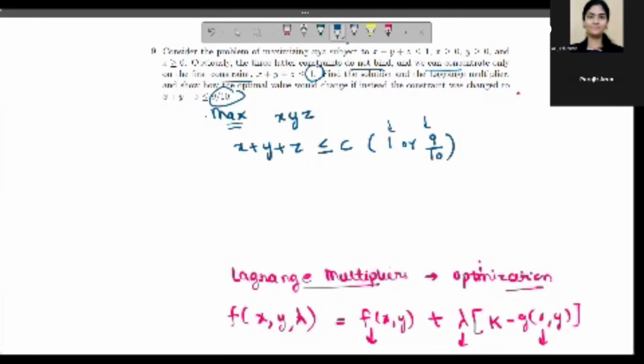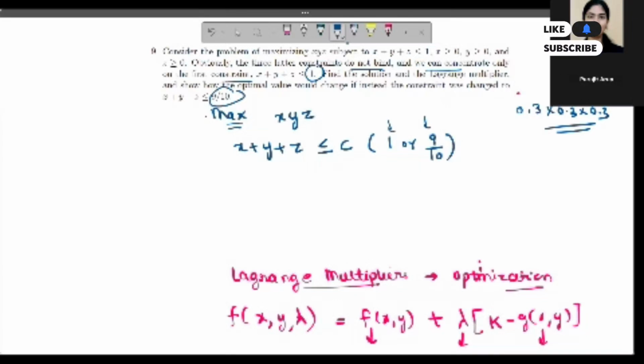What if x, y, z are 0.3, 0.3, 0.3? In that case, it is binding, and it could also not. So you have taken 0.3, 0.3, 0.3, but then we also need to see whether this is giving me the maximum value or not.